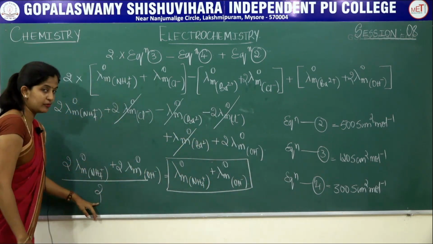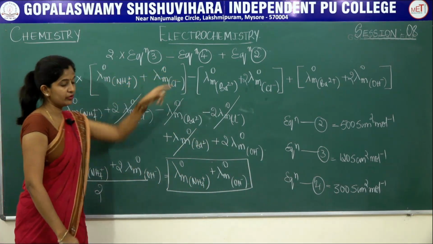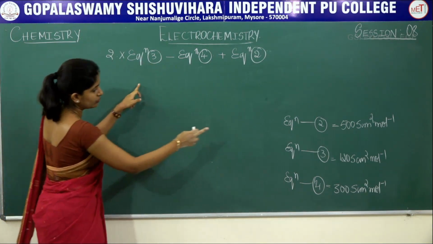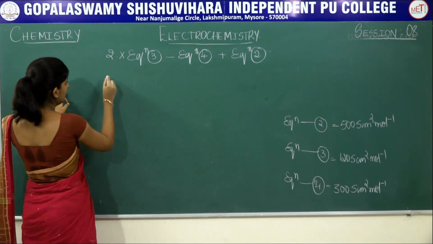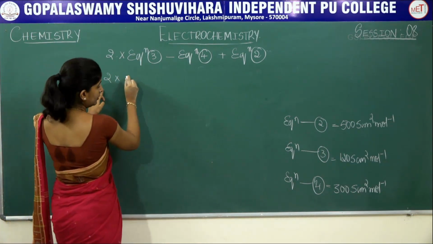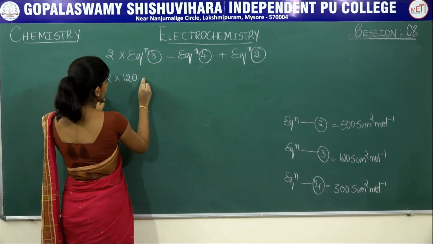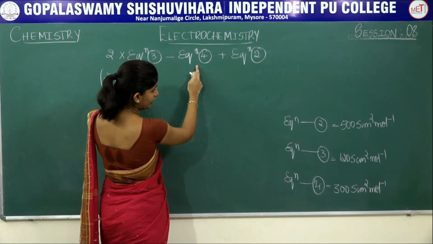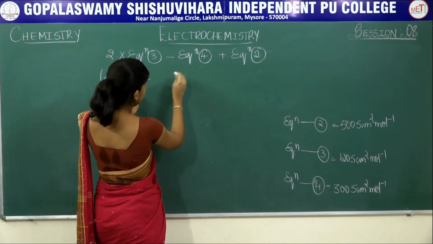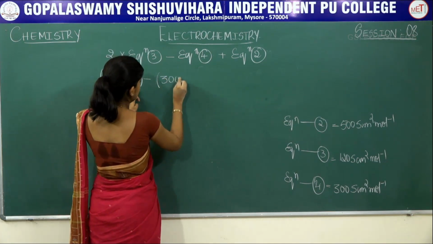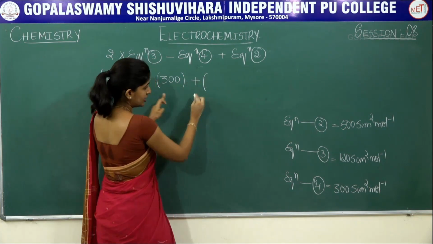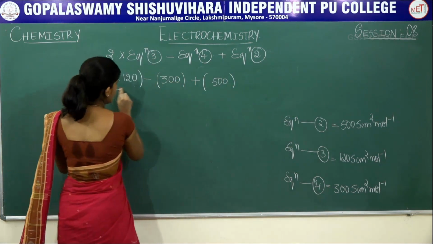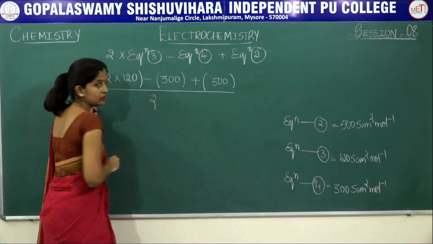So what do you get as the answer? Let us see what you have to do here. 2 into equation 3 value is 120 Siemens centimeter square per mole. So 2 into 120, minus equation 4 which is 300, plus equation 2 which is 500, and the whole thing divided by 2.